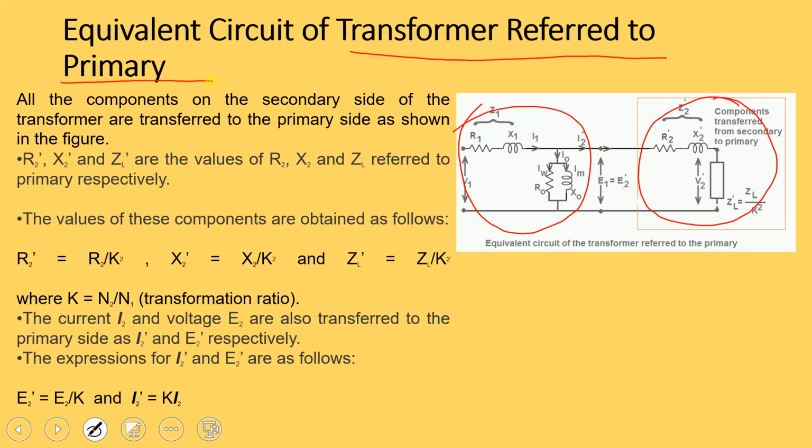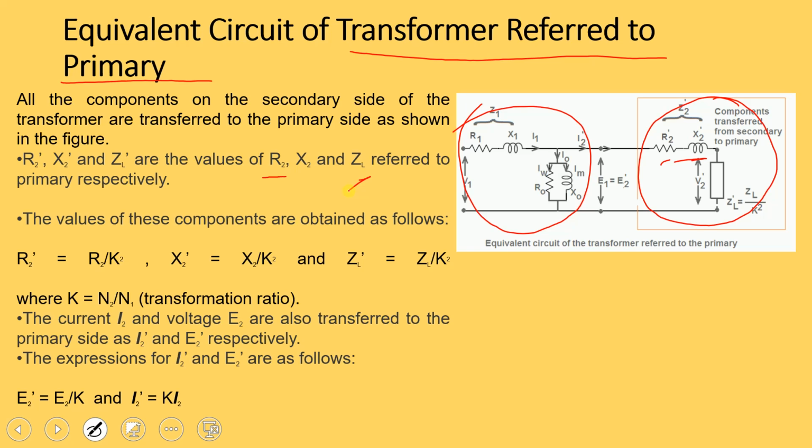When we are replacing R2, it will become R2 dash. When we are replacing X2, it will become X2 dash. When we are replacing ZL, it will become ZL dash. Now the values of these components are obtained as follows.